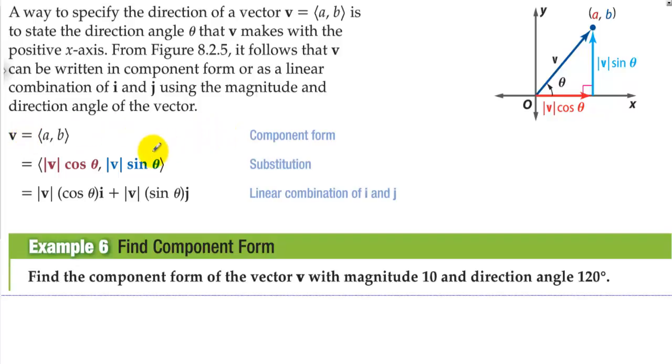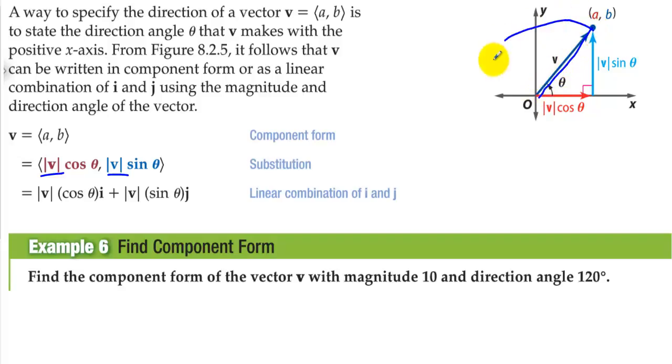So if you want to write the x coordinate, it's just the magnitude of the vector times cosine, and the y coordinate is the magnitude of the vector times the sine. Now the magnitude of the vector is just like saying the radius of the circle. So this would be the radius of the circle, and we just multiply that times the angle. Now with the unit circle, our magnitude is 1.